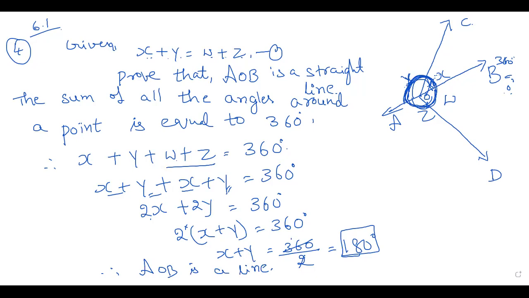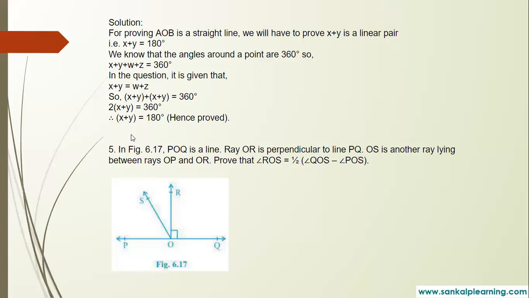We'll go to the next one. Fifth sum. POQ is a line. Ray OR is perpendicular to PQ.